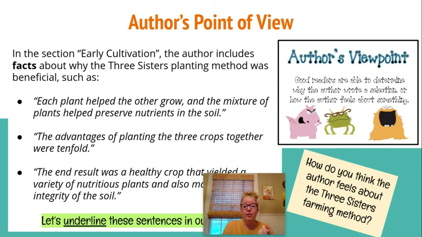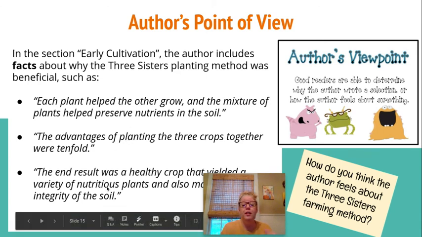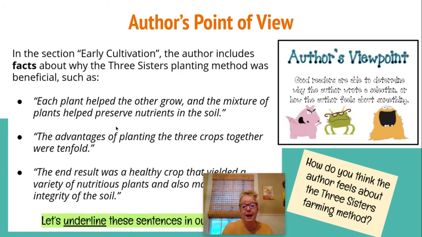I think that the author thinks this was a good thing because the author included several benefits or good things about the Three Sisters planting method, facts that back up why this was a beneficial planting method. So I would say that the author's point of view is that the Three Sisters planting method was very helpful to the early English settlers and the Native Americans to grow better crops.